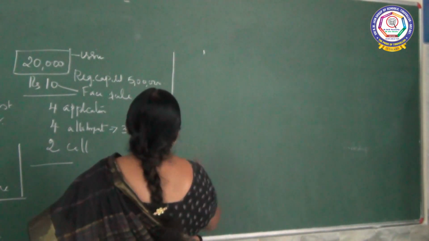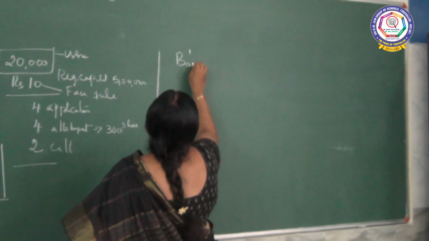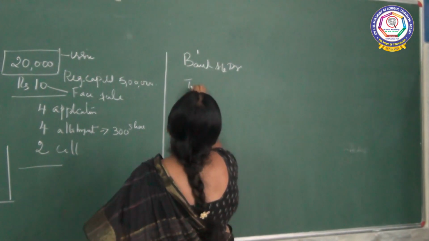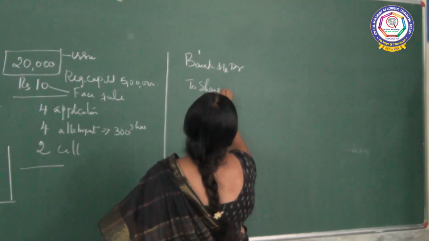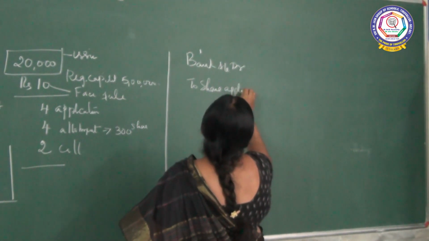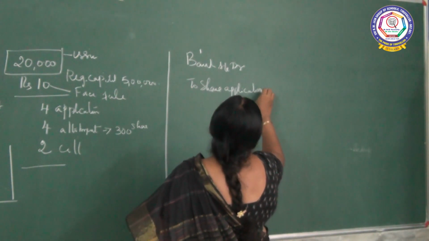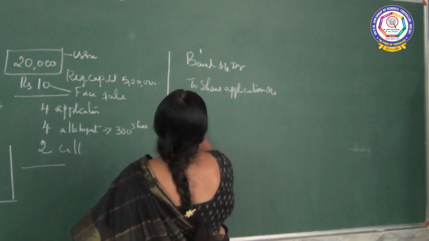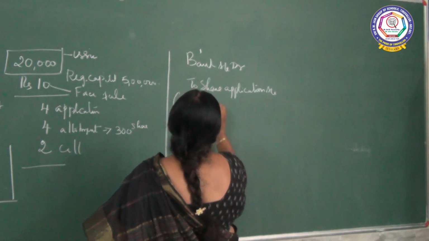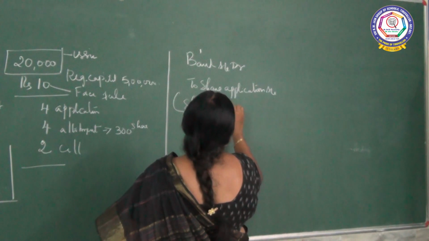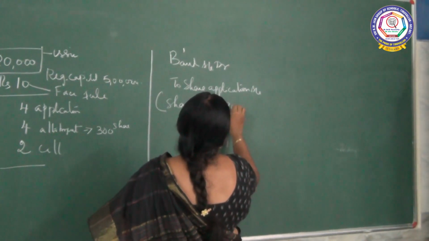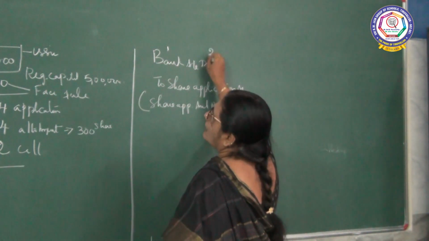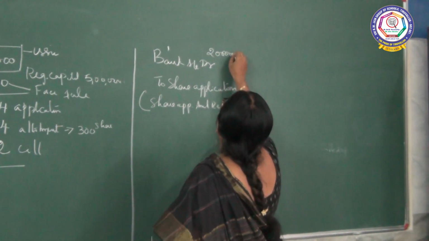So the first entry is bank account debit to share application account, being share application money received. How much are you going to receive in application? 20,000 into 4.